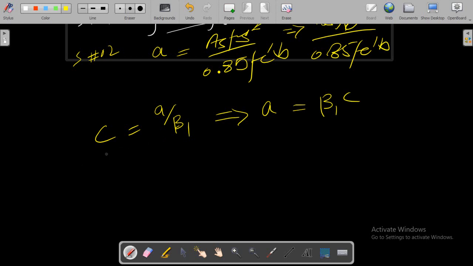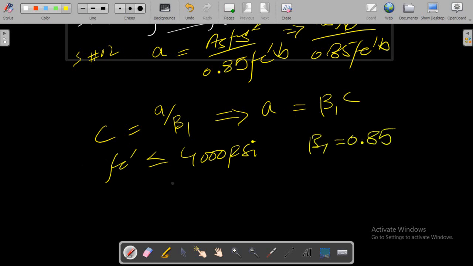Remember, the beta 1 value should be adjusted depending on whether fc prime is equal to or less than 4000 psi. Then beta 1 will be 0.85. I have already discussed this.